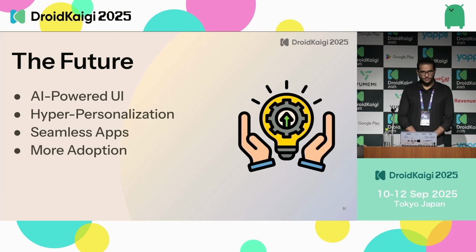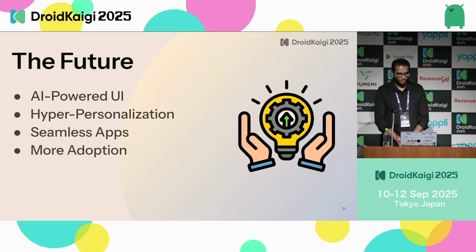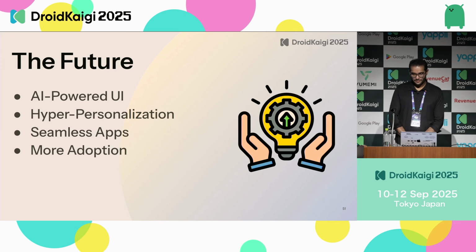So the future of SDUI is super smart and adaptive. We will see AI-powered apps and adjustments in real time for every user. Imagine UIs that get hyper-personalized and everything will feel seamless.